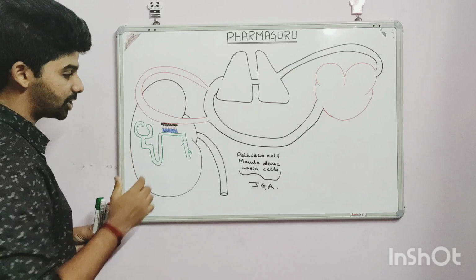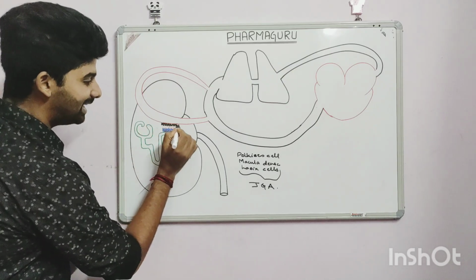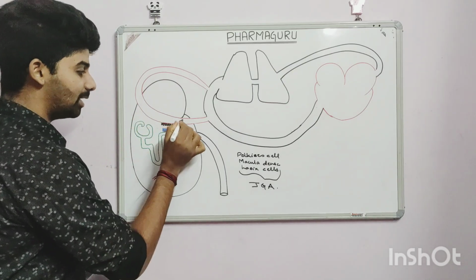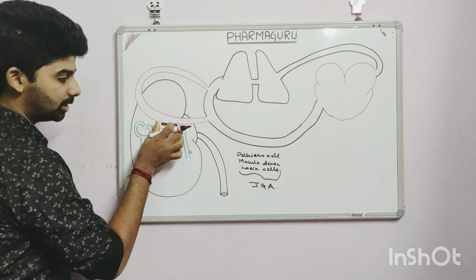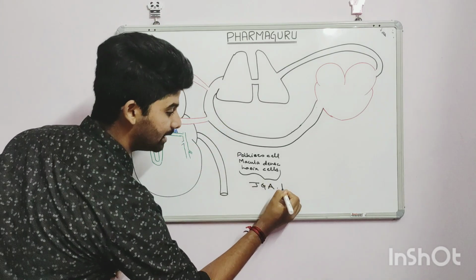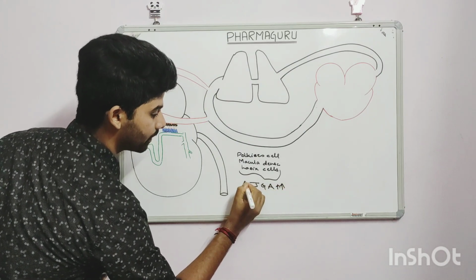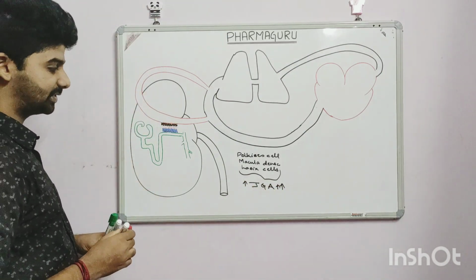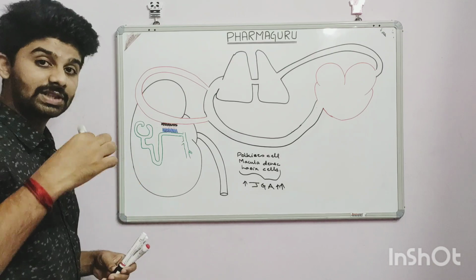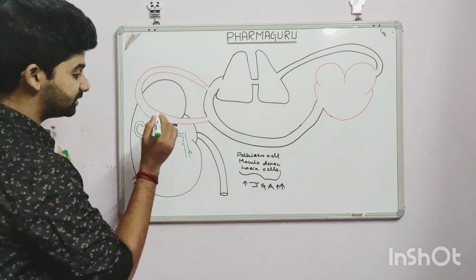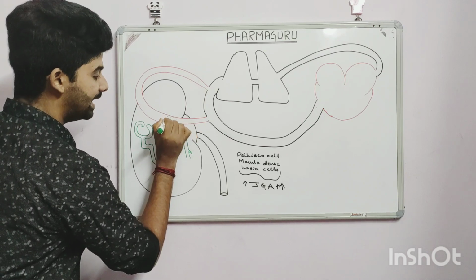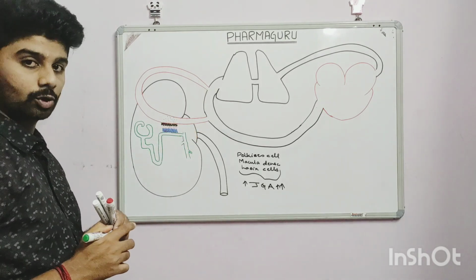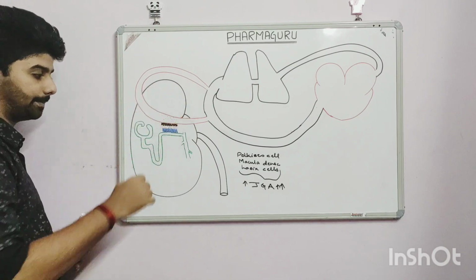Whenever such a situation occurs, the Purkinje cell detects this. The Purkinje cell will detect the reduced blood pressure, and it will activate the juxtaglomerular apparatus to release some enzyme into the systemic circulation, or to the blood supply in the kidney.